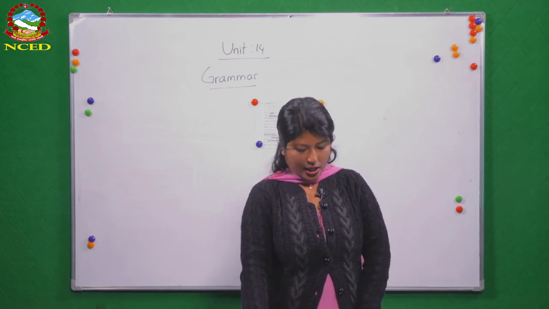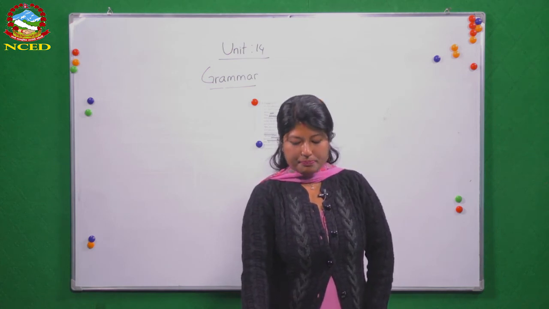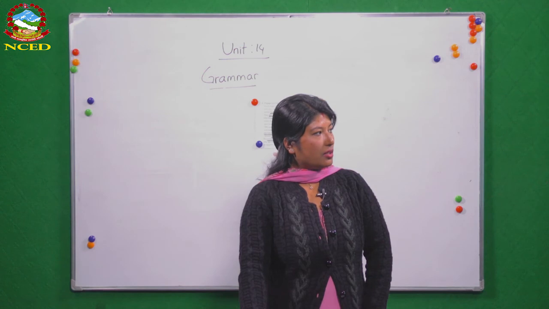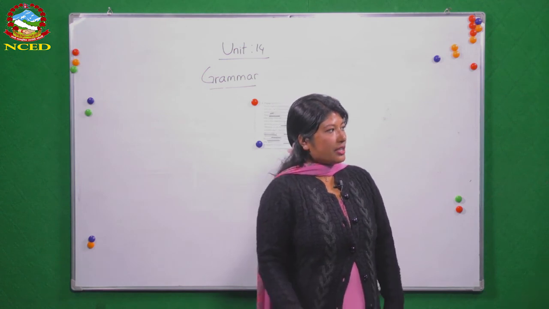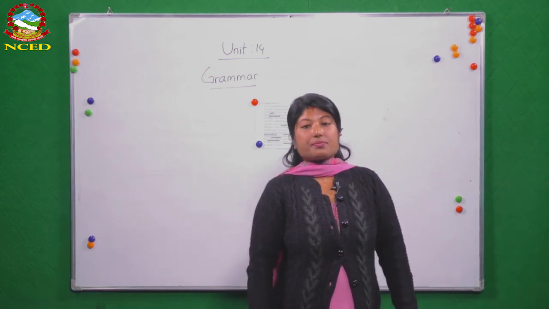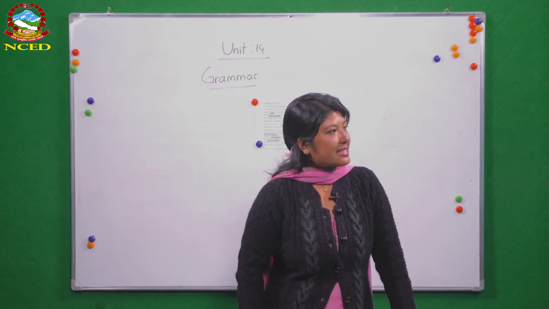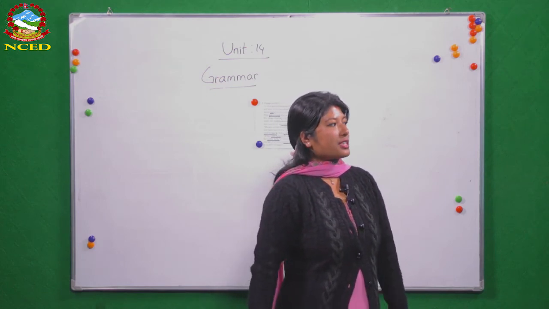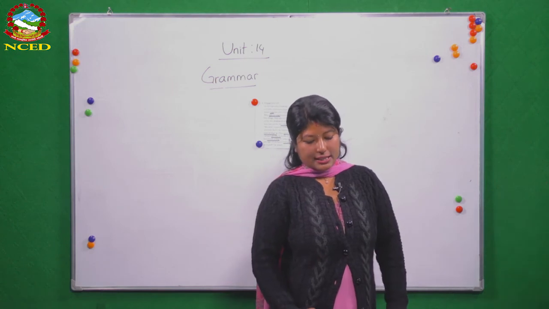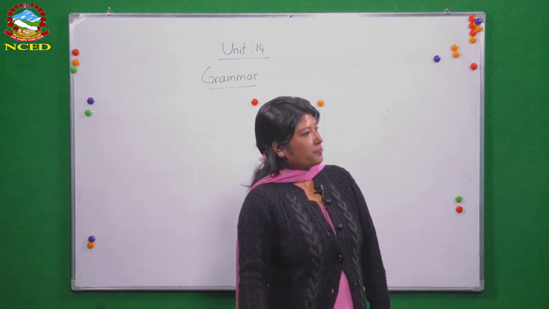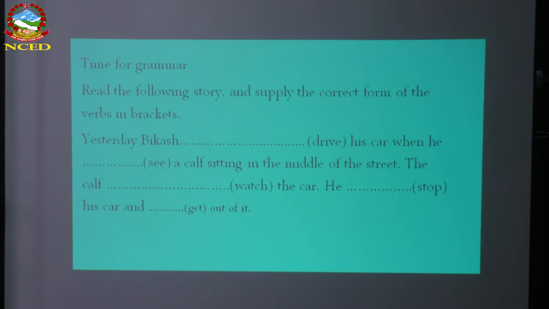Let's move now to grammar B. Okay, read the next exercise. Read the following story and supply the correct form of the verbs in the brackets. Now let's supply the verb. Okay, there is the word drive. Yesterday, Vikas drive his car.